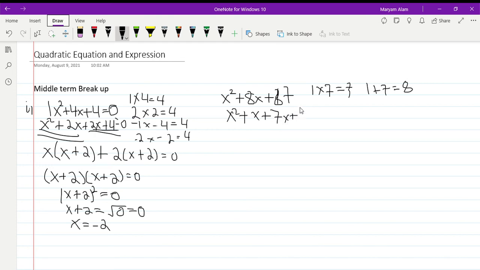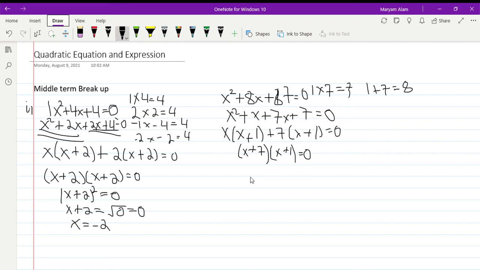It is equal to 0, it is an equation. X will be common, it will become x into x plus 1, plus 7 into x plus 1, because 7 is common. So x plus 7 will be one factor. X plus 7 into x plus 1 is equal to 0.